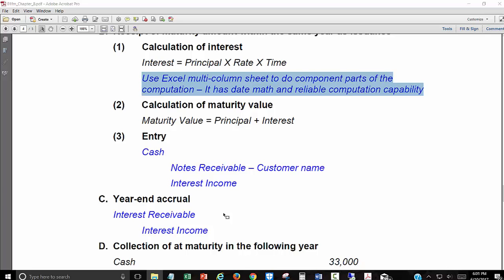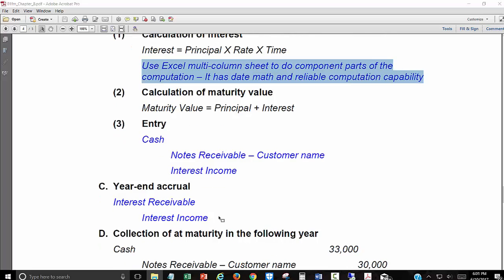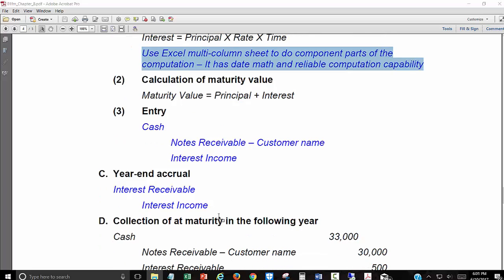If, however, you're going to collect a note receivable in the following year, you've done this interest receivable year-end accrual at the end of the previous year, then you have the receivable amount for that note sitting inside of interest receivable, and you need to zero out interest receivable along with notes receivable when you do the collection.